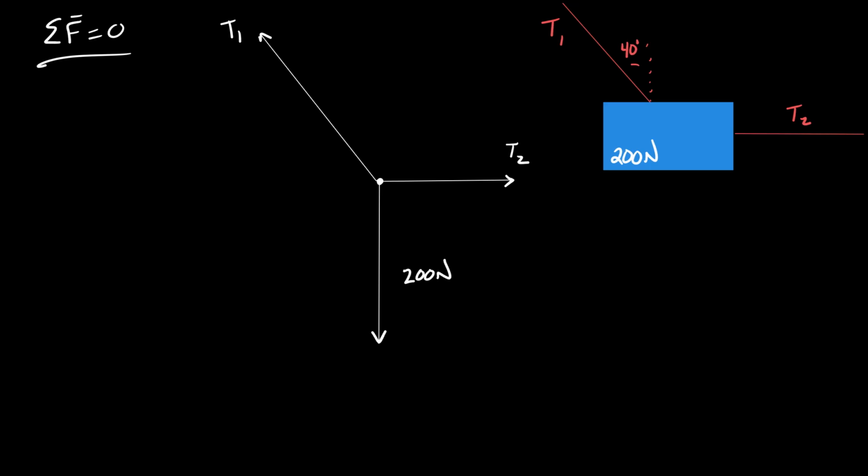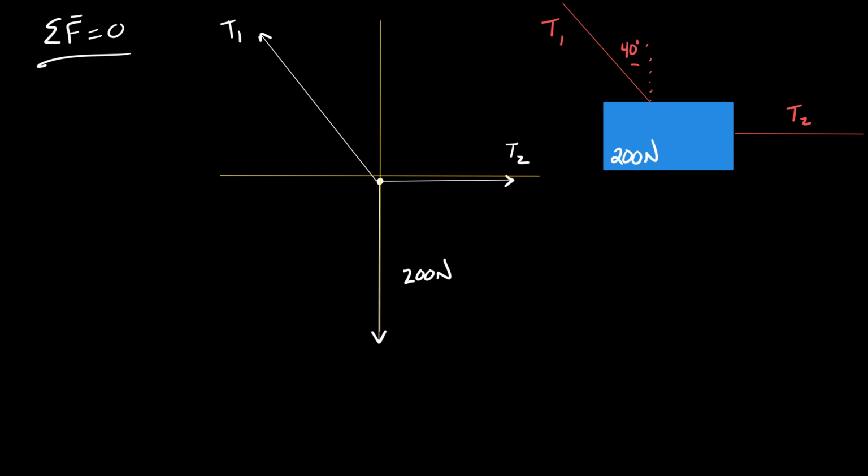So my next job is to come up with a coordinate system that I could apply on top of this. I'm going to just draw a coordinate system and think about how I want to place it for this problem. If I place it like this, I'm already lined up with two of the forces. So I don't see any reason to rotate it.